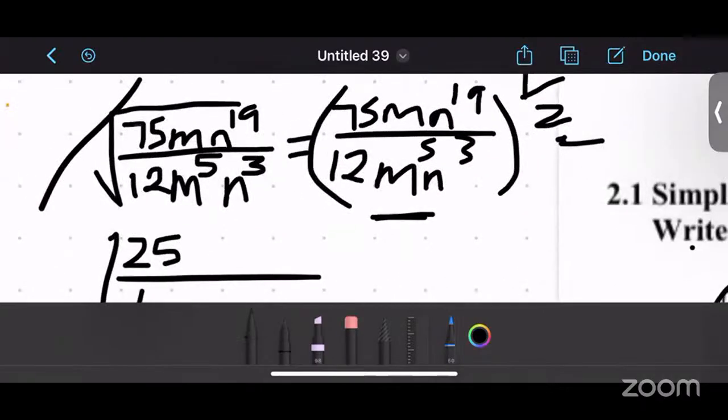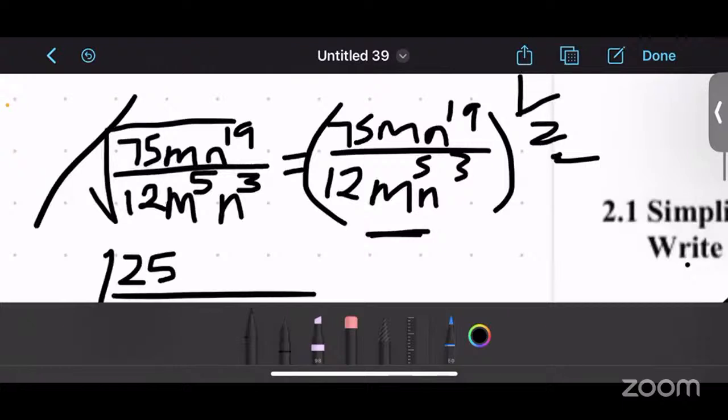And I have m to the power of 1, because if it's just a variable, a letter, and it doesn't have an exponent, it's automatically to the power of 1. Remember, in maths, we cannot say 5 to the power of 1, we just say 5. If I have m to the power of 1 as my numerator, but my denominator has m to the power of 5, I can just move m to the power of 1 down here.